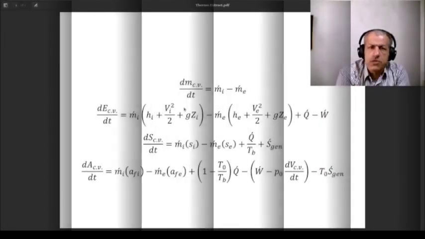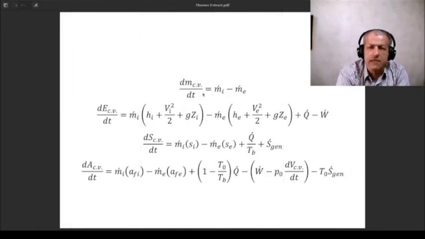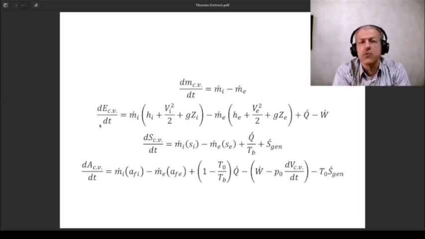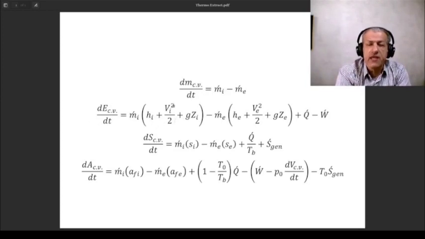Well, let's assume we are in a position that we have learned the mass conservation equation. We know that the change in mass inside the control volume is a function of the mass that enters and the mass that exits, and the change of energy inside the control volume is a function of the energy that enters with the mass, the energy that exits with the mass, and two other terms, heat transfer and work.